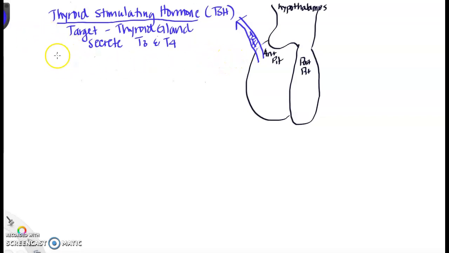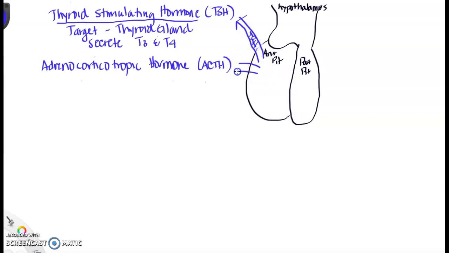The next hormone is Adrenocorticotropic Hormone, or ACTH. So adrenocorticotropin hormone is secreted again by the anterior pituitary, and it is secreted in response to corticotropin releasing hormone from the hypothalamus.